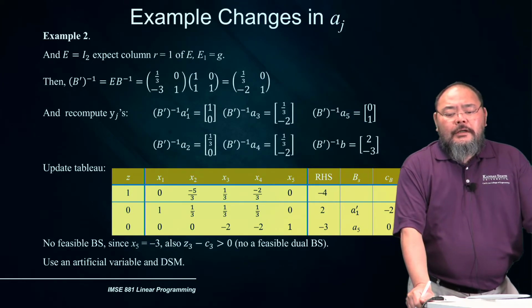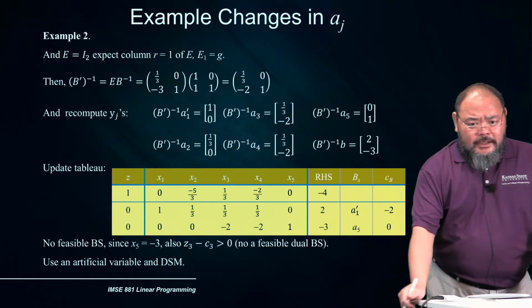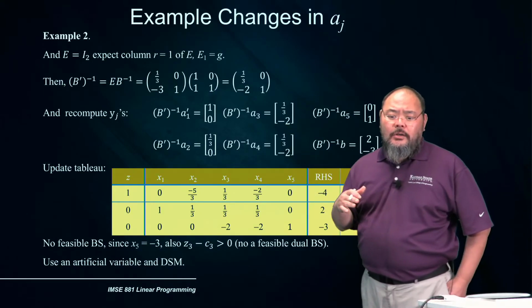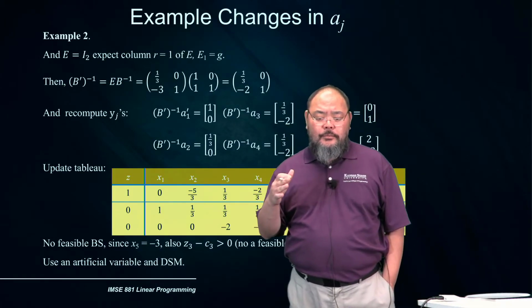So we create an additional decision variable in your constraint and try to see if this new product or new project is worthwhile to replace the existing project or existing product.